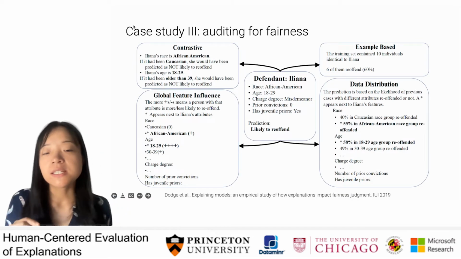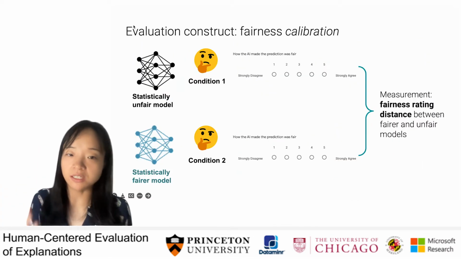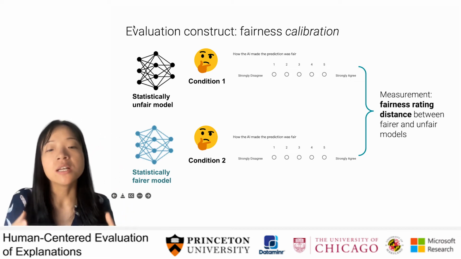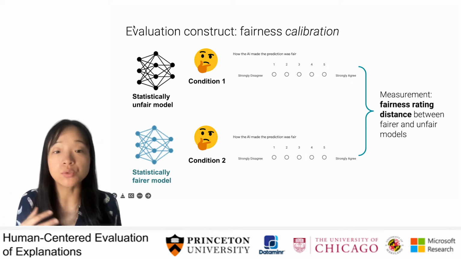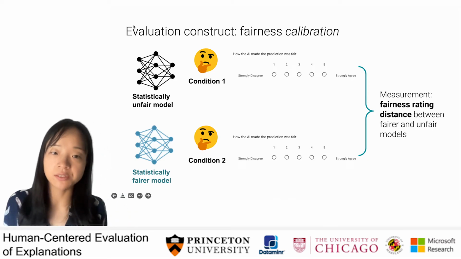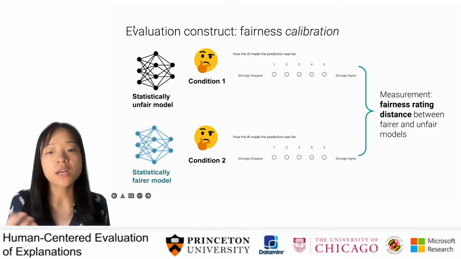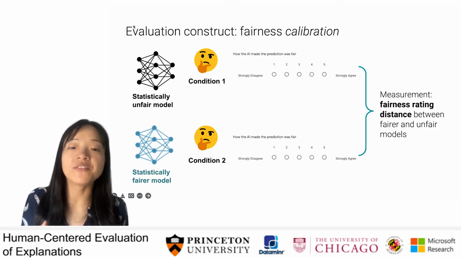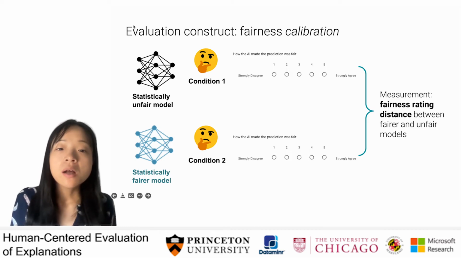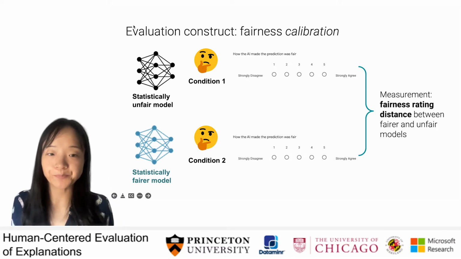I want to mainly discuss the outcome measure of fairness auditing here, as it illustrates the complexity that sometimes you need to design into the experiment to get the right measurement. Here for this auditing use case, what you care about is not just people's fairness judgment itself, but its calibration with regard to the ground truth of the model being fair or not.